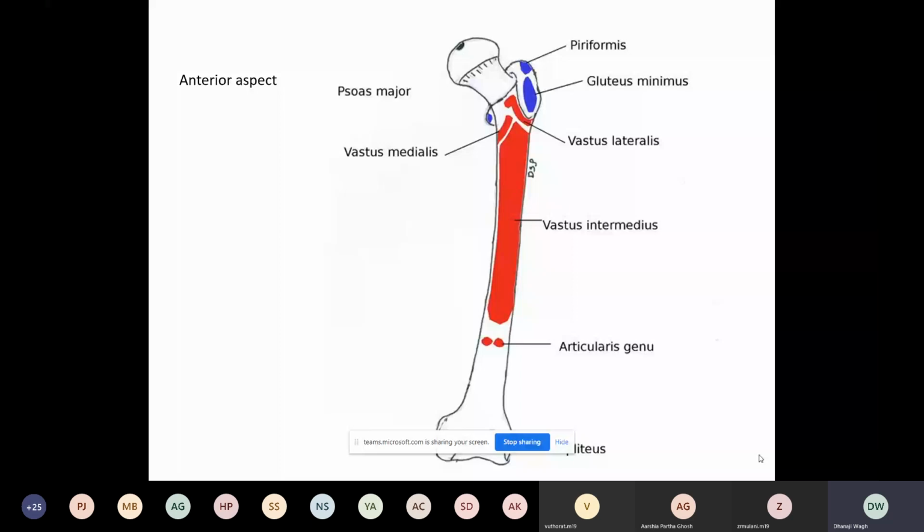Obturator internus and two gemelli are inserted into this. There is an impression which is present on the medial surface of the greater trochanter. Then obturator externus is inserted on the trochanteric fossa. Then gluteus medius is inserted into the ridge of the lateral surface.